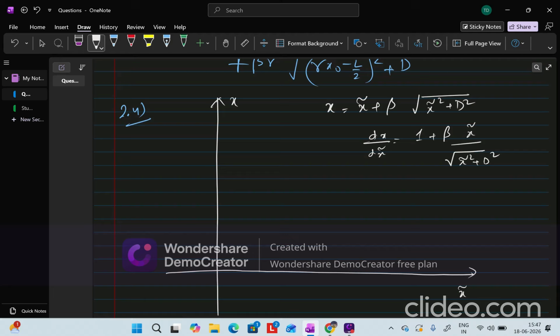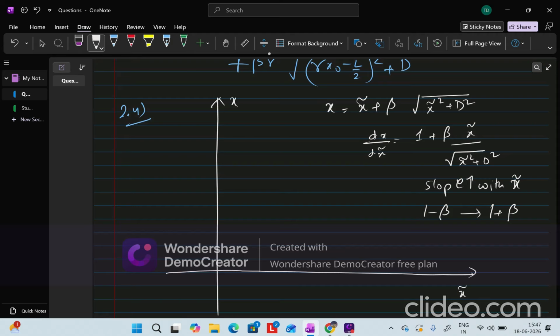So what can I infer? That as x tilde increases, my slope increases, because this is x tilde by under root x tilde square plus d square. When x tilde is a very large negative value, my slope will rise from 1 minus beta to, for x tilde a very large positive value, 1 plus beta.